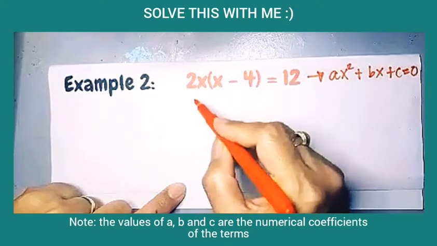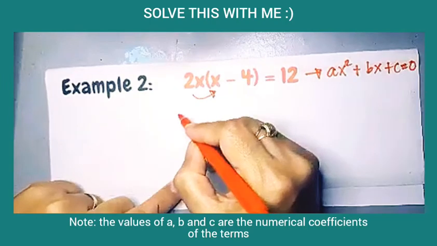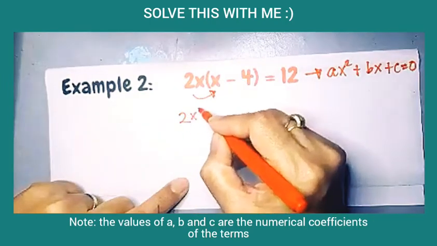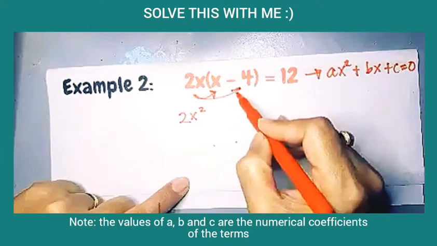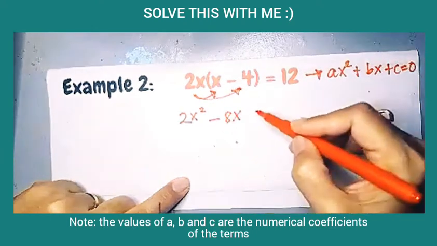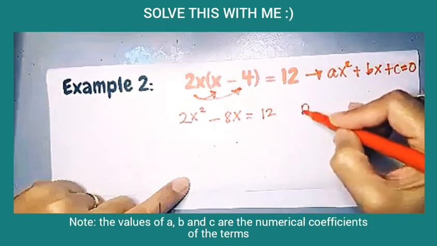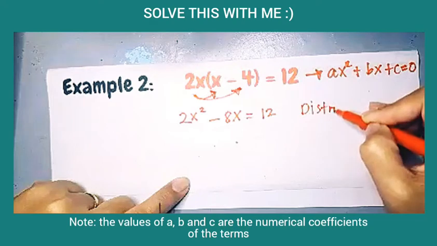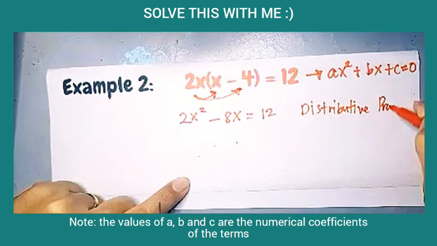So 2x times x, that becomes 2x squared. And 2x times negative 4 is equal to negative 8x equals 12. Again, this is by the application of the distributive property.